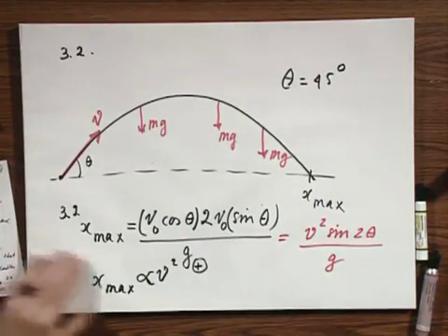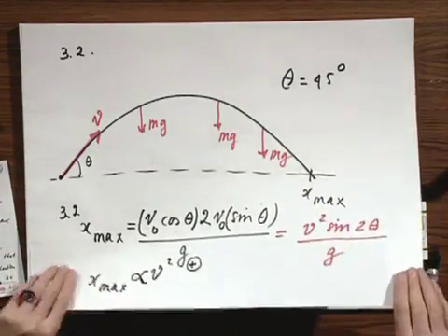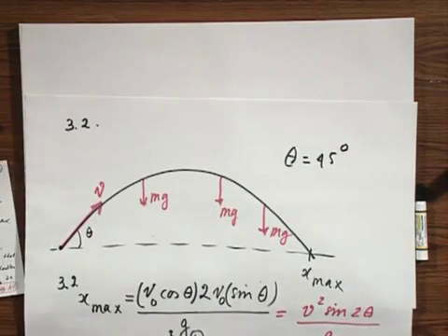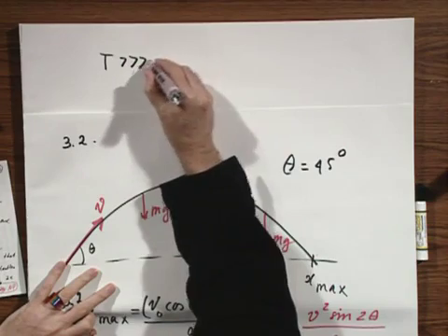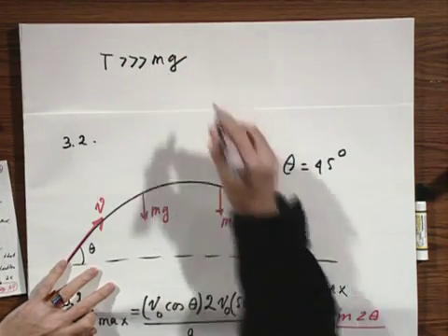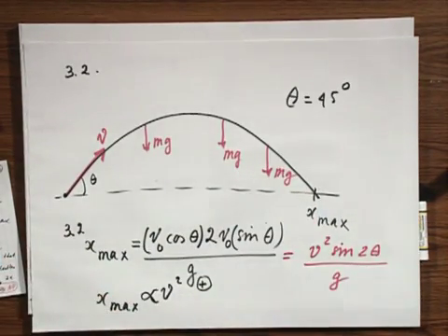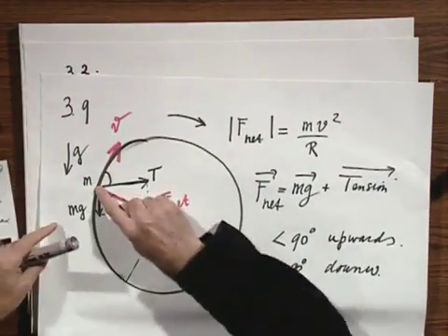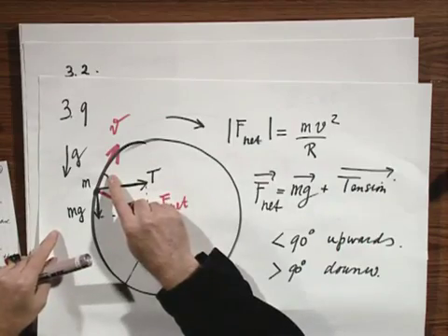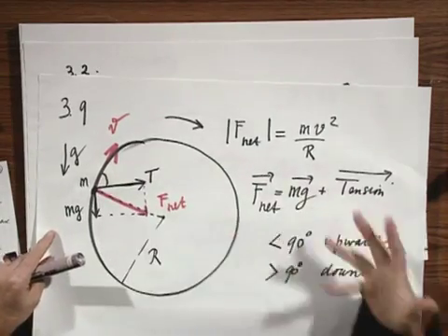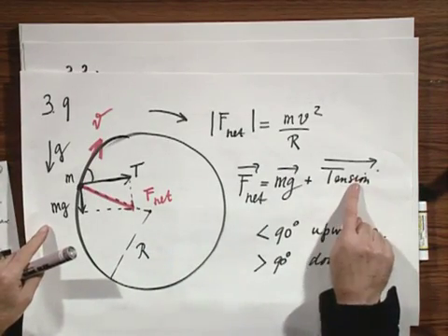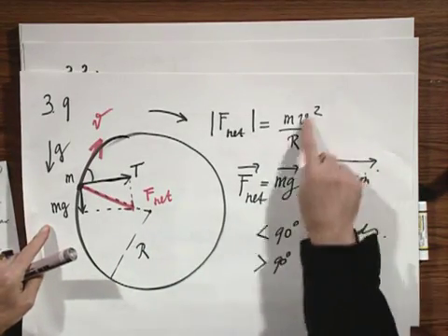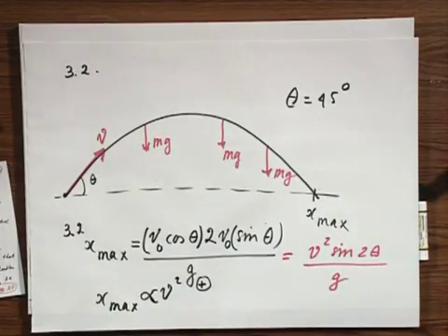Well, if I make the assumption that T is much, much larger than mg, then the angle between the velocity vector at the moment that I let it go and T is effectively 90 degrees. So this problem that I discussed earlier will completely go away, and the tension itself, to a very good approximation, is then mv squared divided by r.